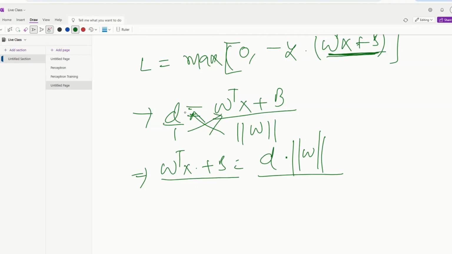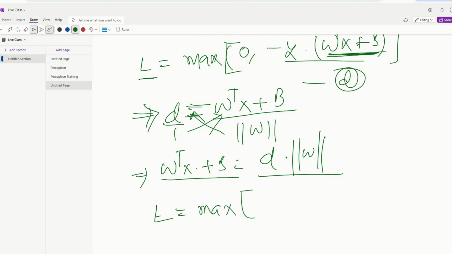If we accept the fact that distance is equal to this, which we discovered right now, can I write the same loss function in terms of d? Why am I doing this whole calculation? I want to write the loss function in terms of distance, which is quite possible. So the loss is equal to max of 0, 1 minus this whole part.